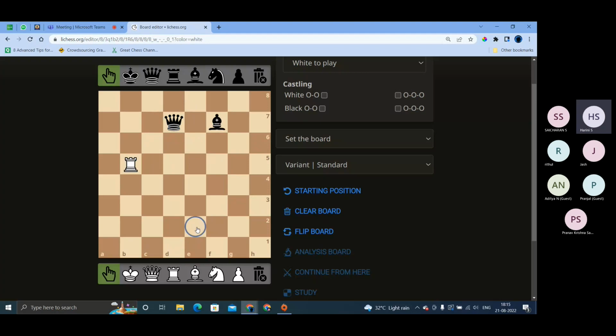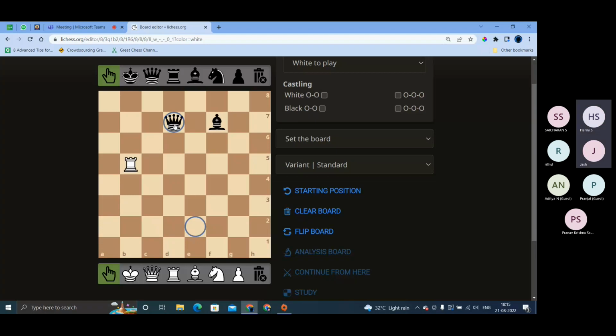Now, Janvi, are you there? You tell me which piece this queen is attacking. The question is, the queen is attacking which piece from here?